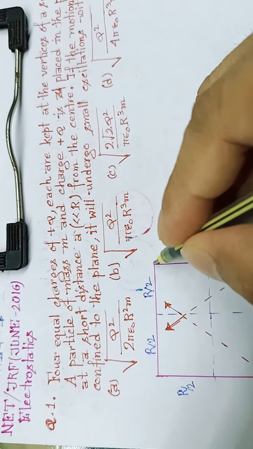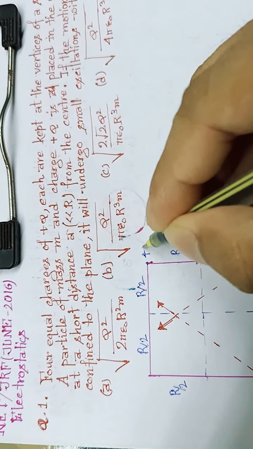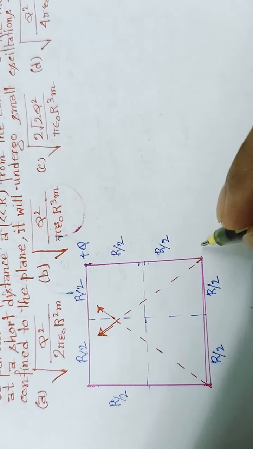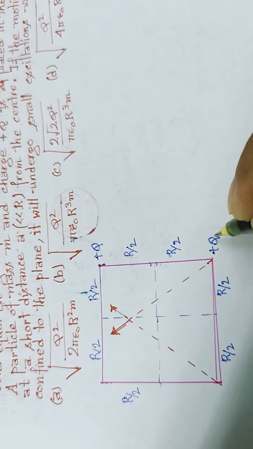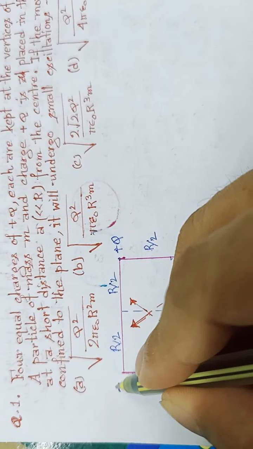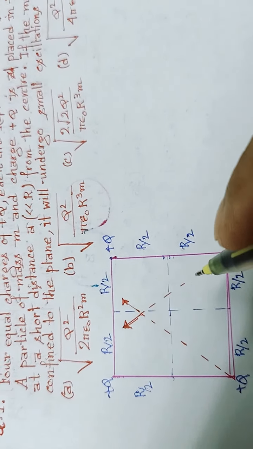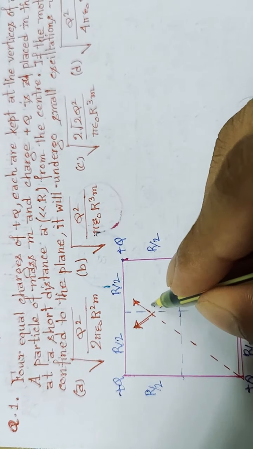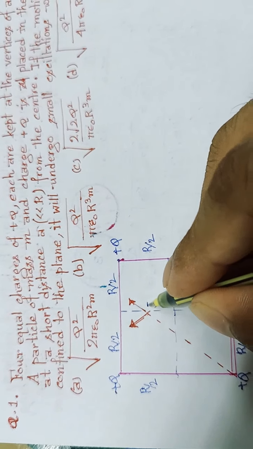So there is a charge plus q, a charge plus q, a charge plus q placed here, and a charge plus q placed here. Now let this distance be equal to a.